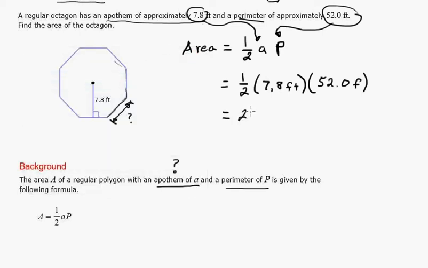So 202.8. Now, feet times feet. Oh, I didn't do that. That should have been feet. Made a little mistake there. So this should be feet squared. That's all I was trying to get at.